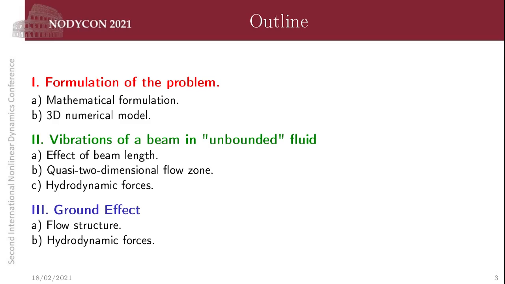After the problem statement and the presentation of the three-dimensional numerical model, we will talk about the influence of the length of the beam, about the quasi-two-dimensional flow model, about the influence of amplitude and frequency of oscillations, and finally we will discuss the ground effect.